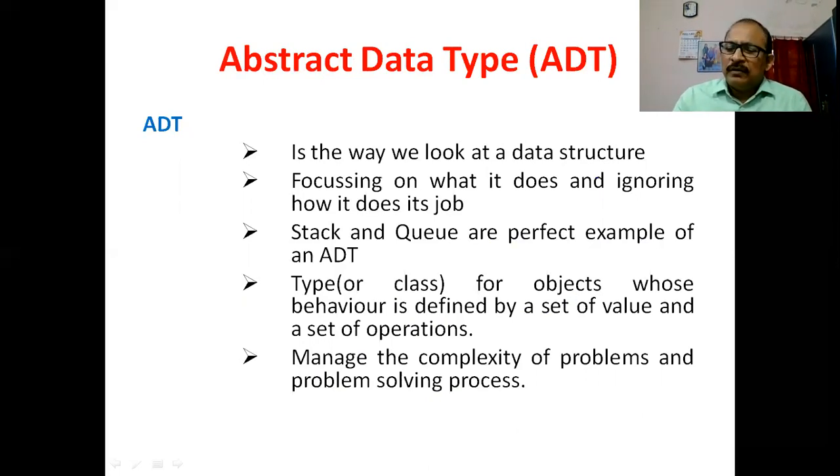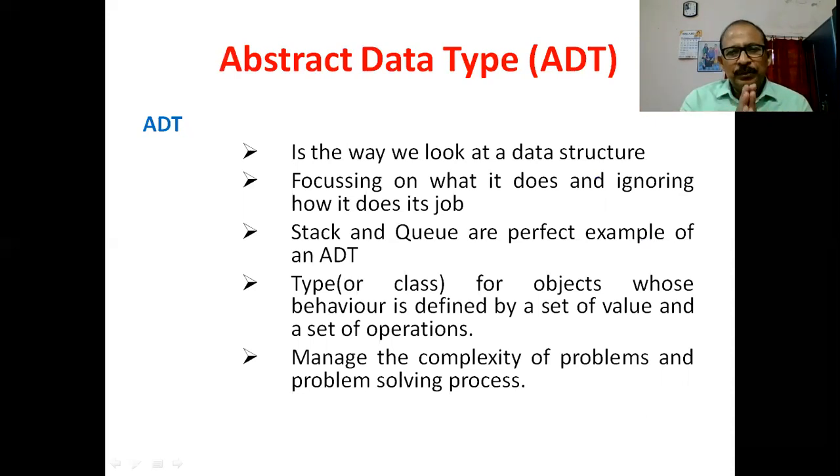To measure or manage the complexity of the problem, computer scientists use the concept of abstraction, which allows them to focus on the essential things and ignore the unessential things.